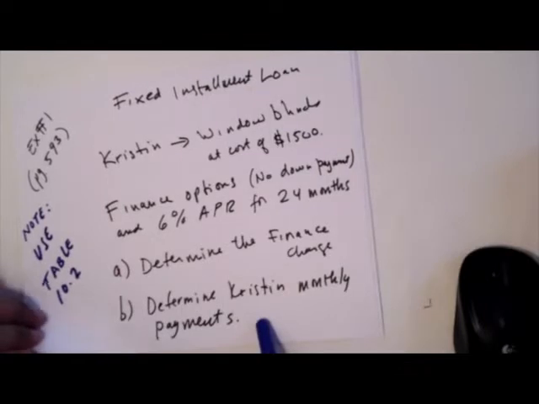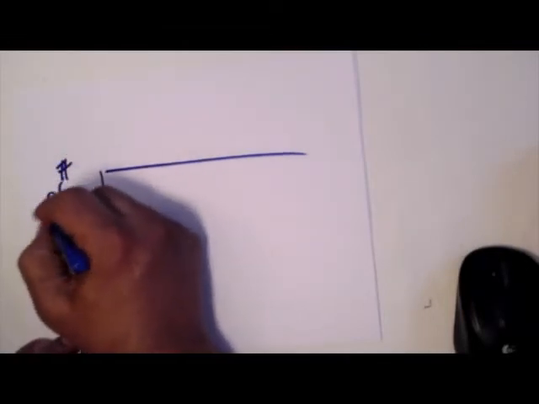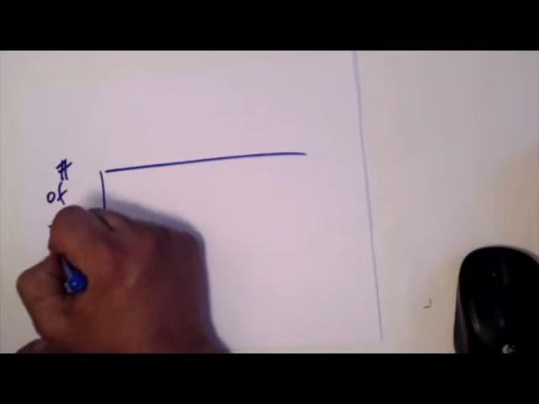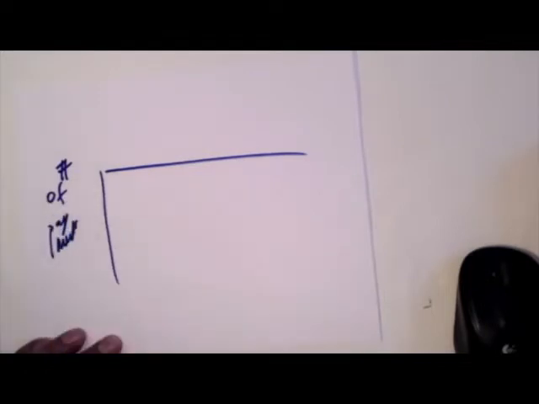So we are going to stage the problem as follows. For those who have the book, you will find at the bottom of the page a table with a number of payments. The payments run down like this.